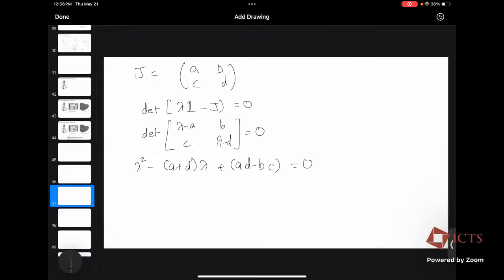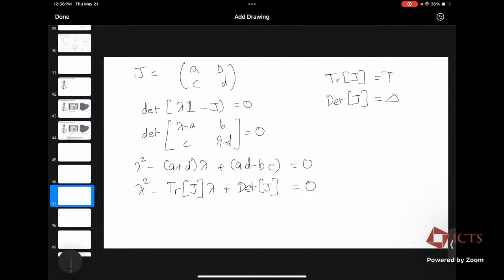And so hopefully what you can also see is that the coefficient of lambda here is just the trace of the matrix, and this last term is just the determinant of the matrix. Right. So let's call the trace of J T, and let's call the determinant of J delta.